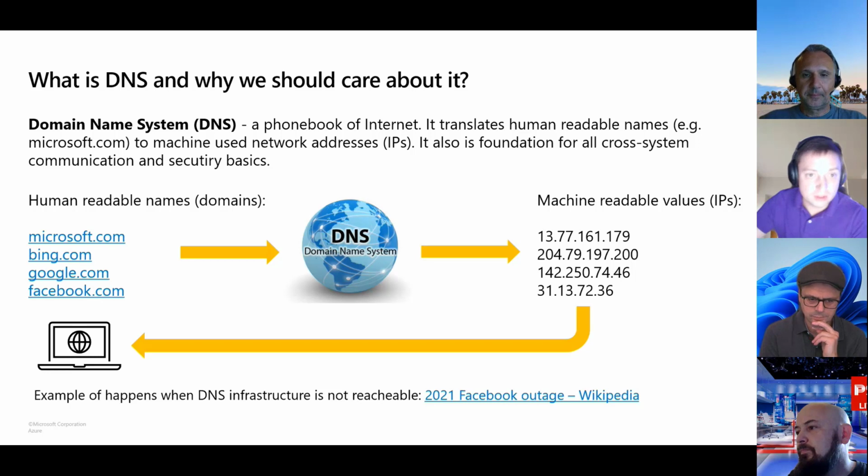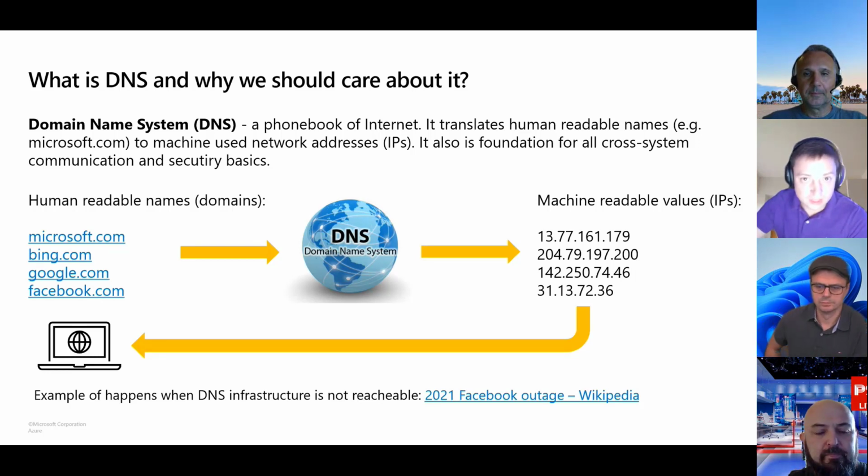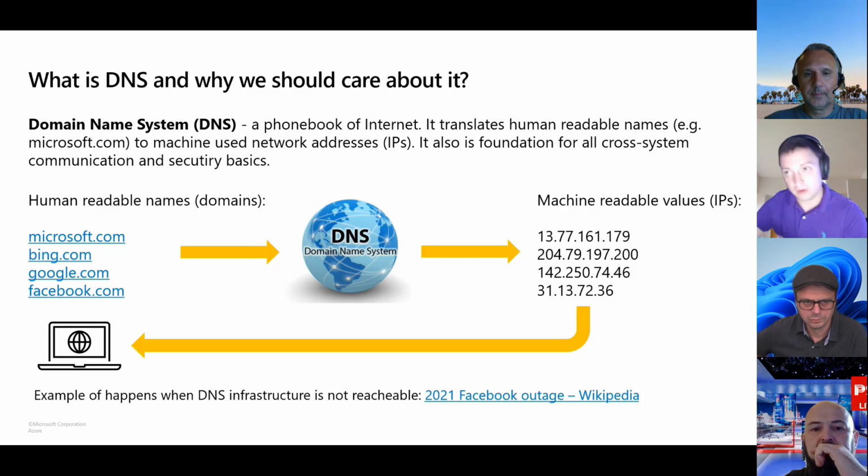If a particular DNS server already has this Microsoft.com entry in its table, it will send the response back to the laptop, and the person will be able to reach the website via networking. This is a very high level and simplified approach. There is much more going on deeper under the hood of this process, but this explains what it is.